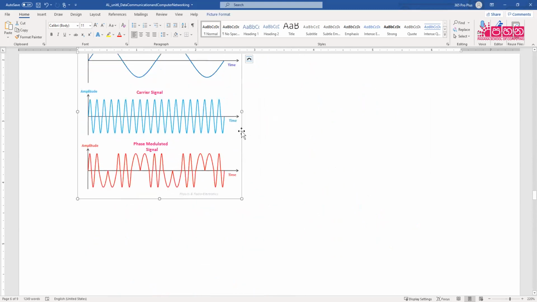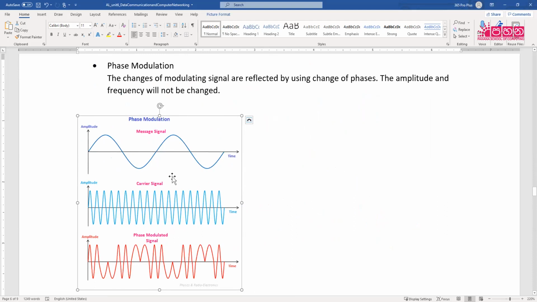So this is what will happen here, right? So this is the original signal we want to send, and this is the carrier signal, and the phases are changed, right? So these phases have changed. You see the phases have changed. So it's no more in the same direction.